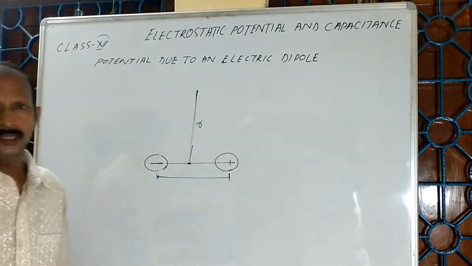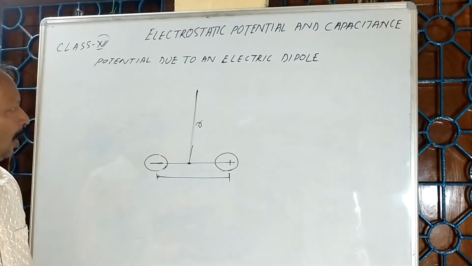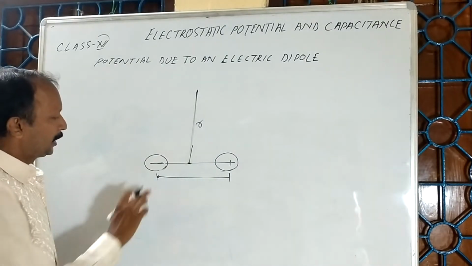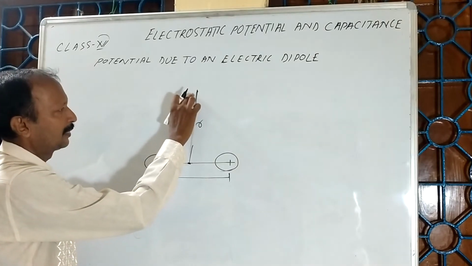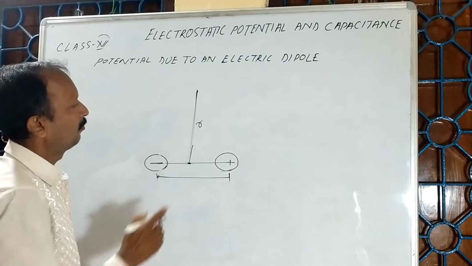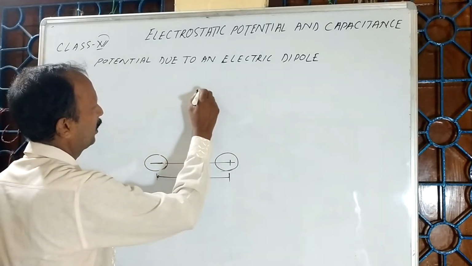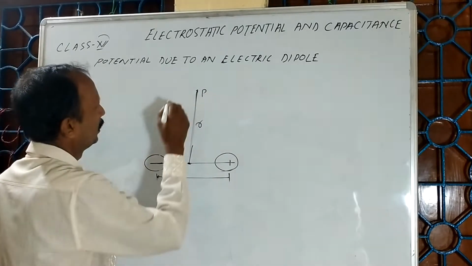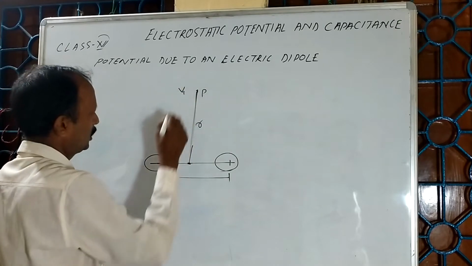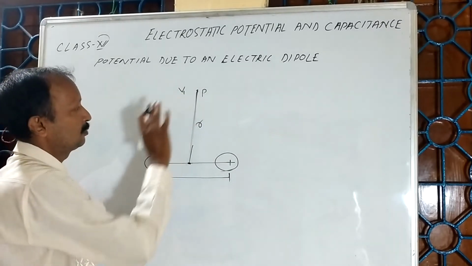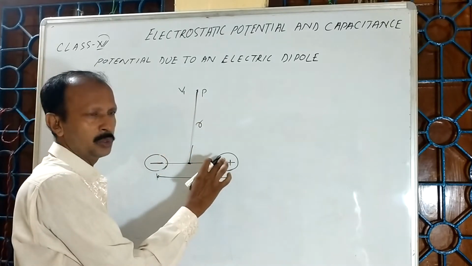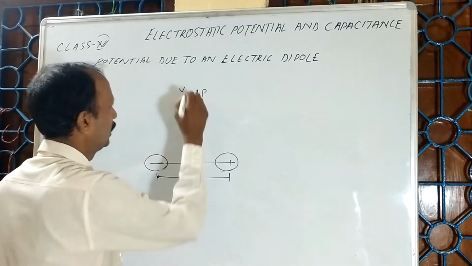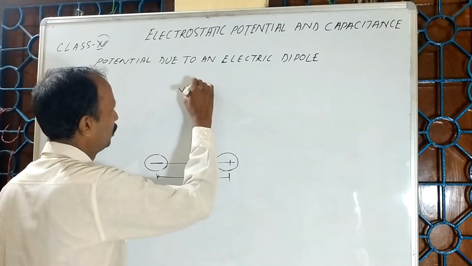The distance is r. Now, due to this negative charge, there will be a potential at this point. For example, I am naming this point P. The potential at P due to this negative charge is V1. Similarly, there will be a potential due to this positive charge, that means V2.